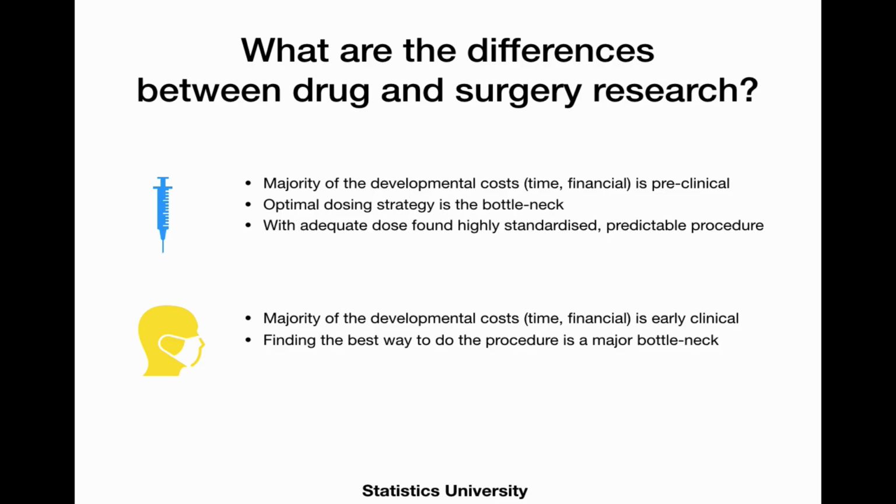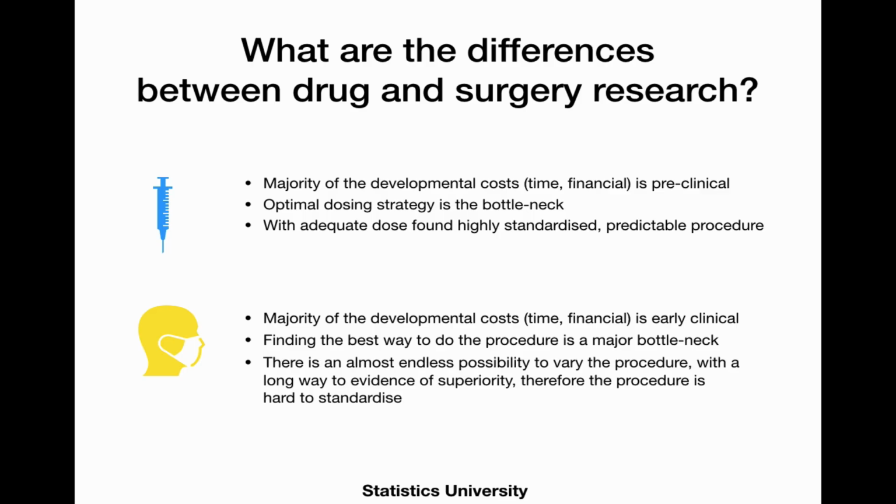And in drug research with adequate dose found, the therapy can be highly standardized and predictable. Whereas in surgery, there is almost an endless possibility to vary the procedure with a long way to evidence of superiority. So therefore, the procedure is very hard to standardize.